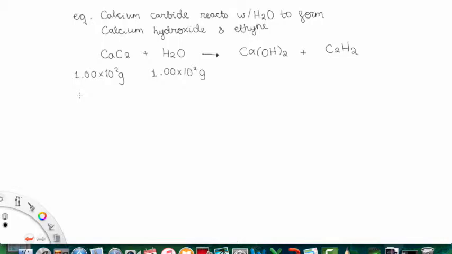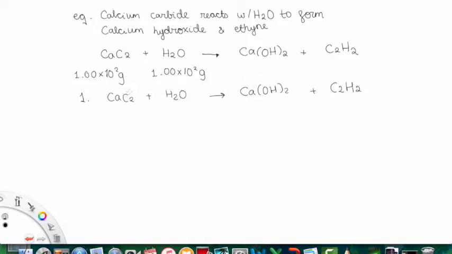So what's the first step that we went over before? It's balance the reaction. Okay, so let's balance this. We have CaC2 plus H2O, Ca(OH)2 plus C2H2. So we have 1 calcium here, 1 calcium here, wonderful.